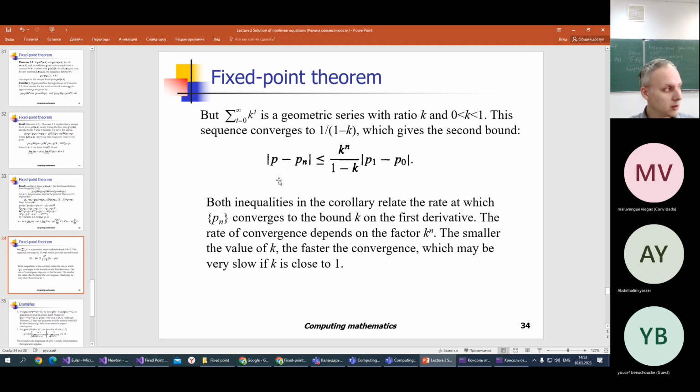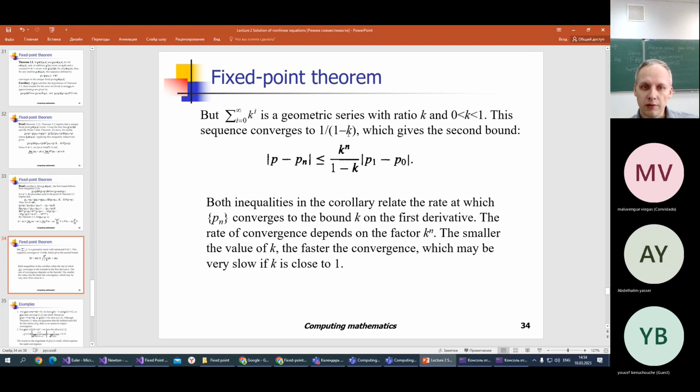Let's look at this inequality. On the left-hand side, we see the absolute error at step n, P minus Pn.